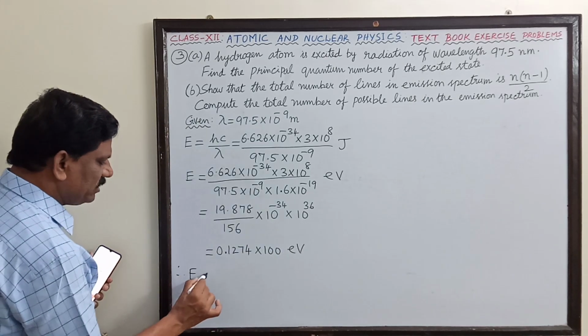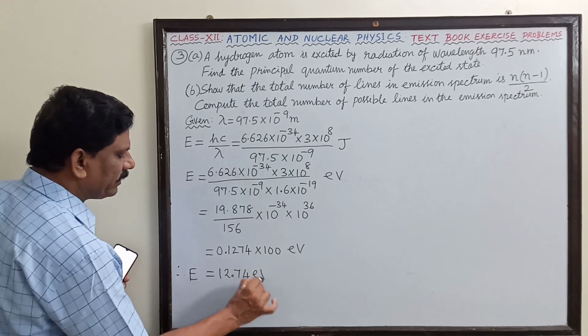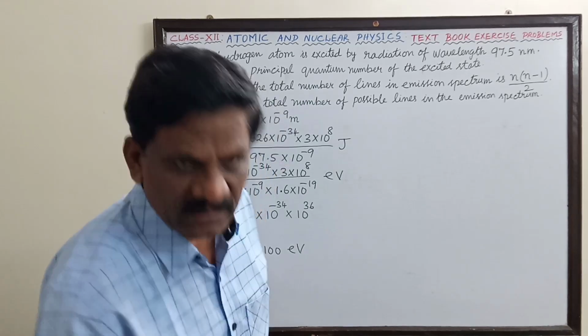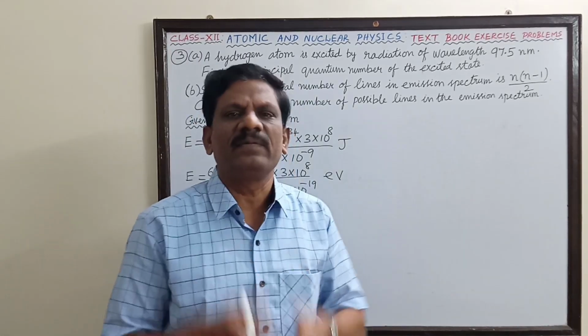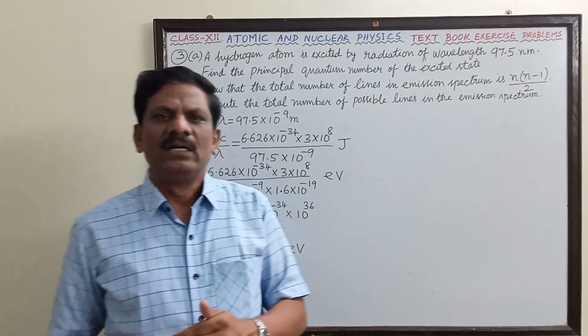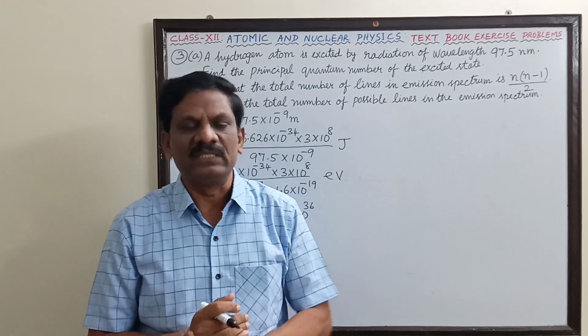Therefore, this energy is equal to what? 12.74 electron volt. So this is the energy supplied by the photon on the hydrogen atom. By taking this energy, to which energy state will the hydrogen atom be shifted?